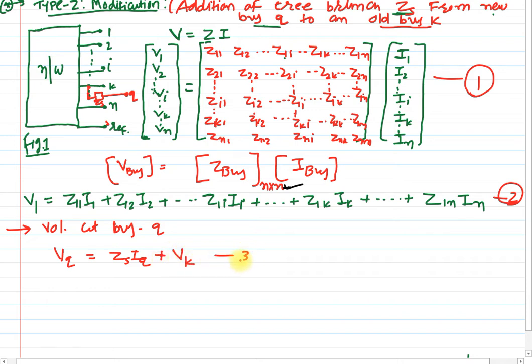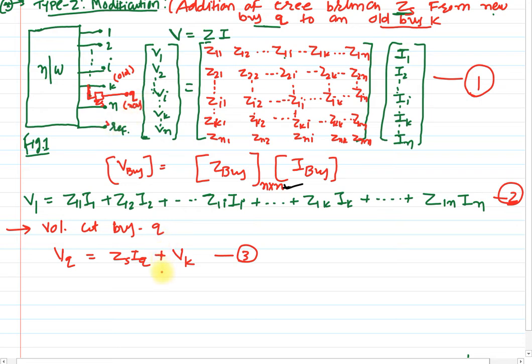This is your equation number 3, which shows the voltage at bus number Q. Clear? Now, if you wish, you can write here in brackets this bus number K is your old bus and the bus number Q which is added on the bus number K is your new bus.